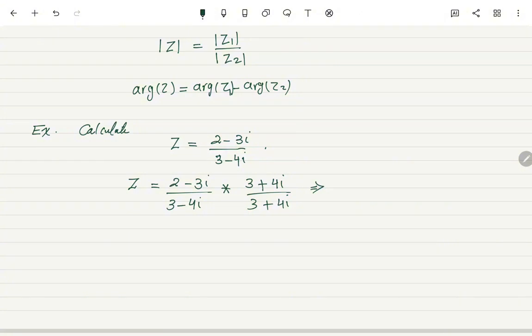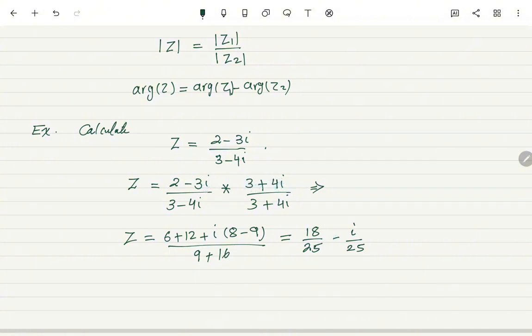In this case, z equals (6 plus 12i plus 8i minus 9i squared) divided by (9 plus 16). After all, it's equal to 18 over 25 minus i over 25. Remember, we multiply this with this, this with this, this with this, this with this.